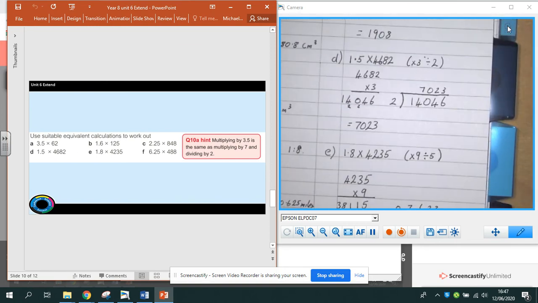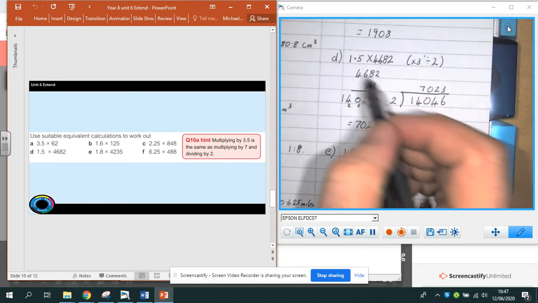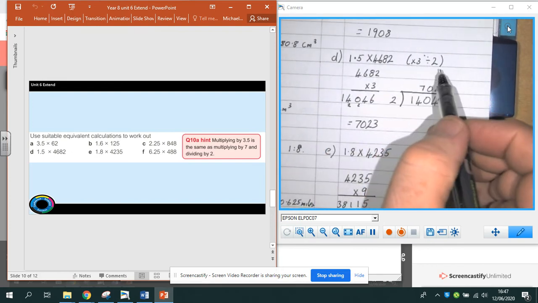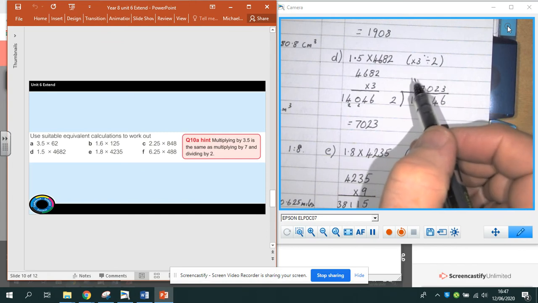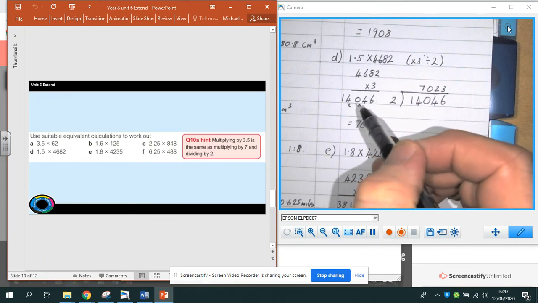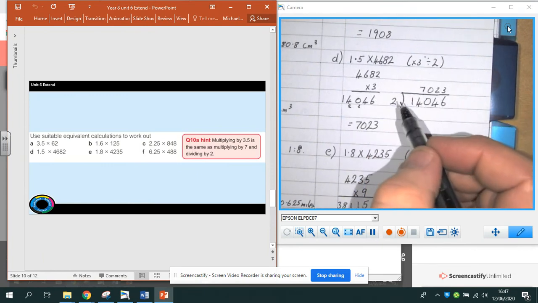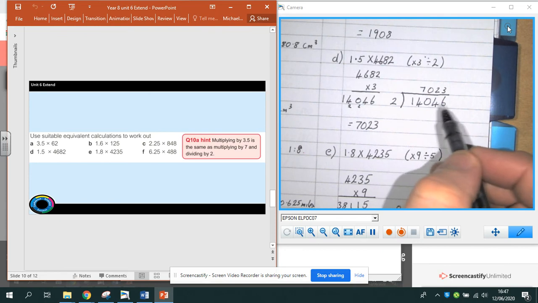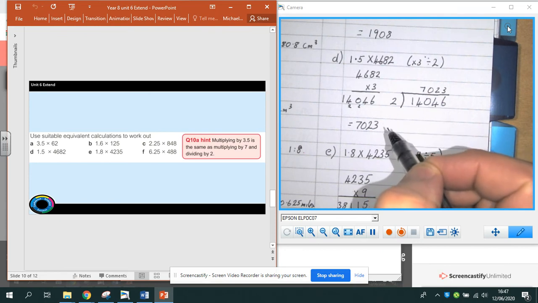And then 1.5, I'm going to multiply by 3, divide by 2, because 3 divided by 2 is 1.5. So 4,682 times 3 is 14,046. 14,046 divided by 2 is 7,023.